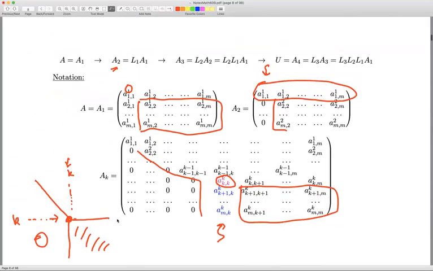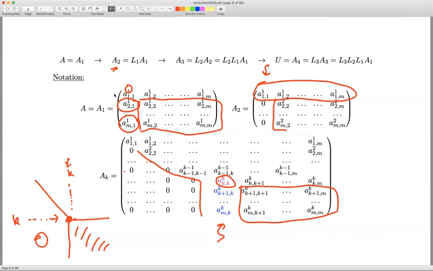So if we look at the first step, we want to make all these terms here 0. So we want to make this term 0, and so on. We want to make this term 0. What do we do? We assume that A11 upper 1 is different from 0.